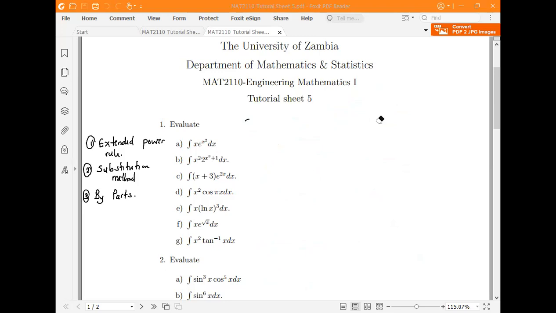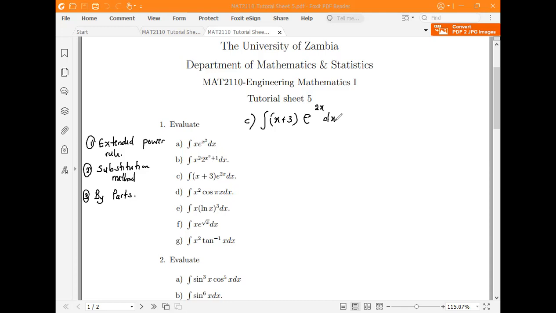So coming to C, we have the integral of (x plus 3) times e to the power 2x dx. Now I need to be careful here. Here is another integral that looks like you can do substitution.